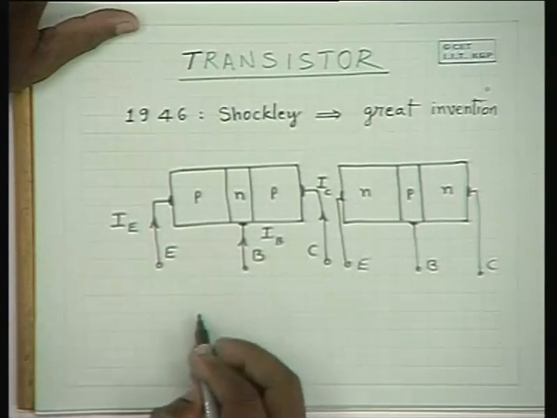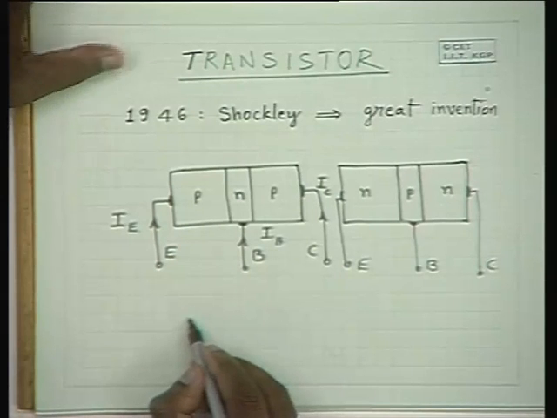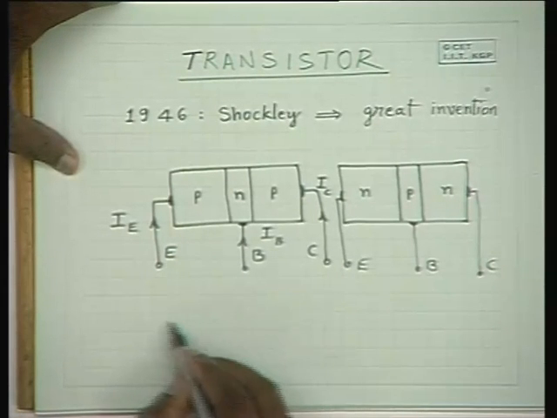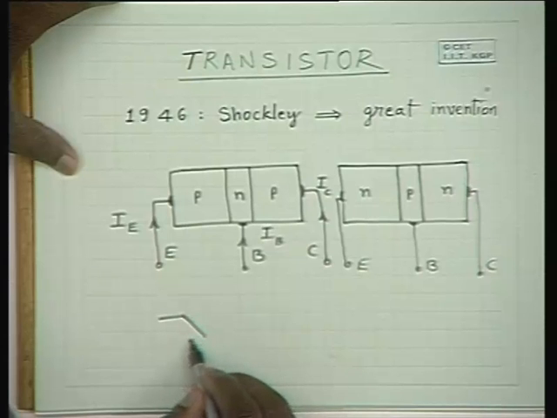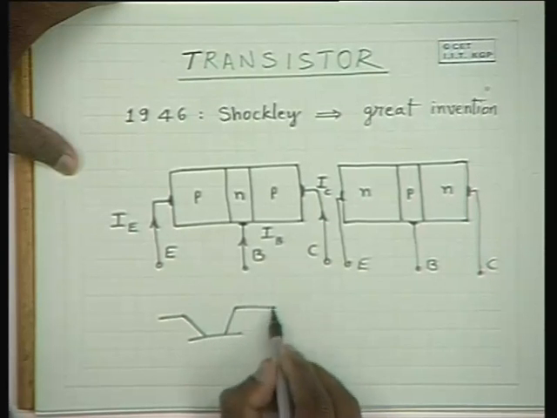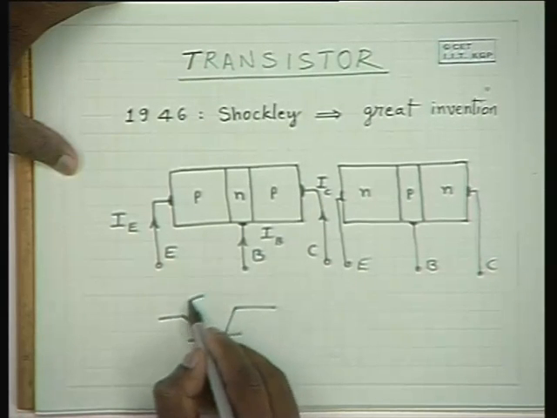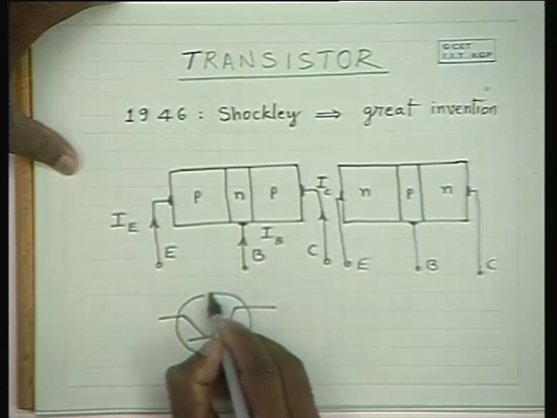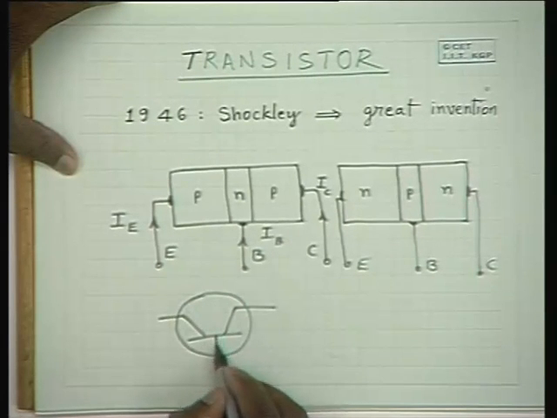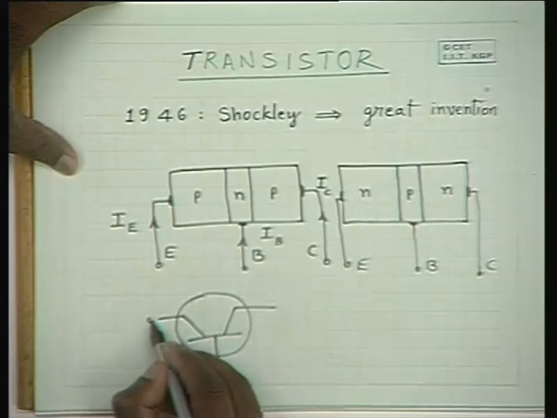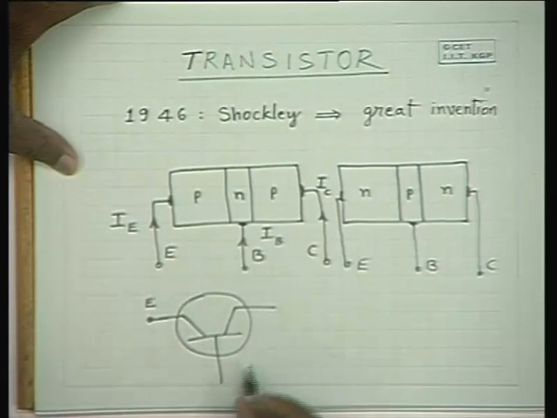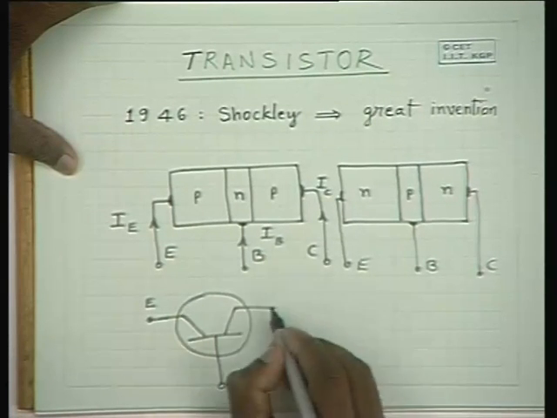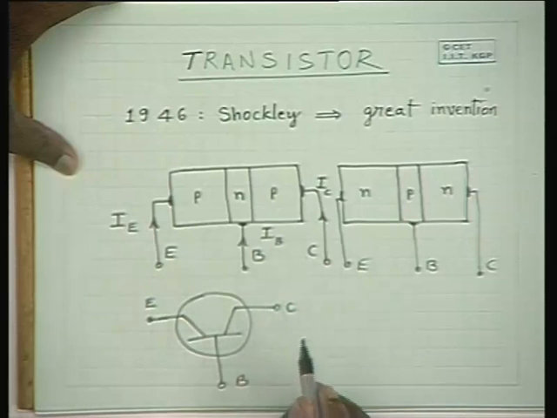And the circuit symbol used for this is like this. So this is emitter, this is base, and this is collector.